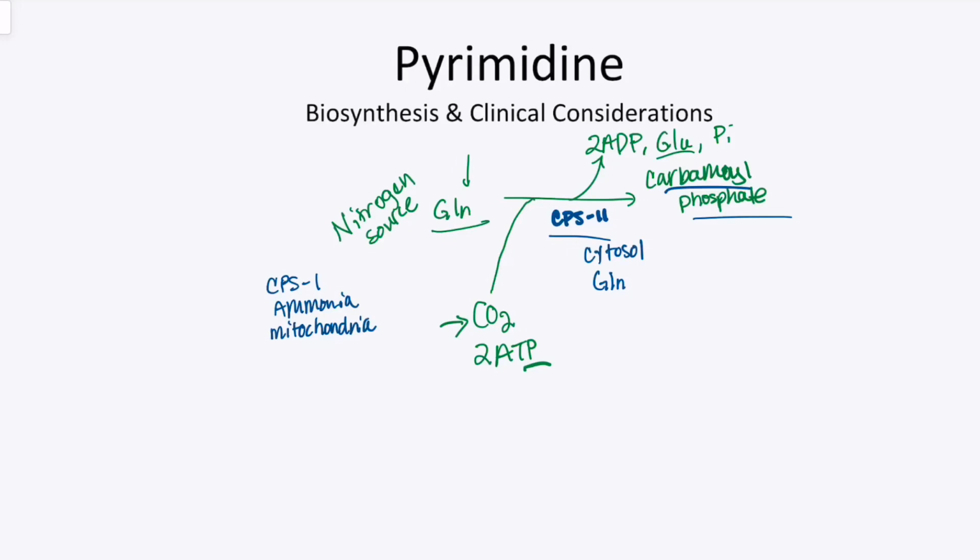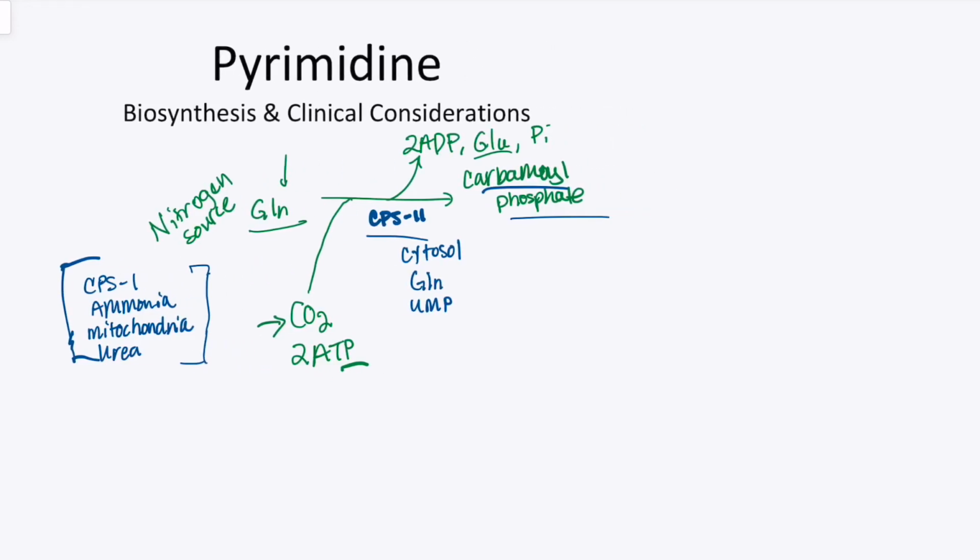And it's really important in the creation of urea, whereas CPS2 we're using to make UMP, right? Just know the difference between those two enzymes. The only real reason I'm bringing this up is because later in your education, you're going to learn about this enzyme, and I just don't want you to get confused.